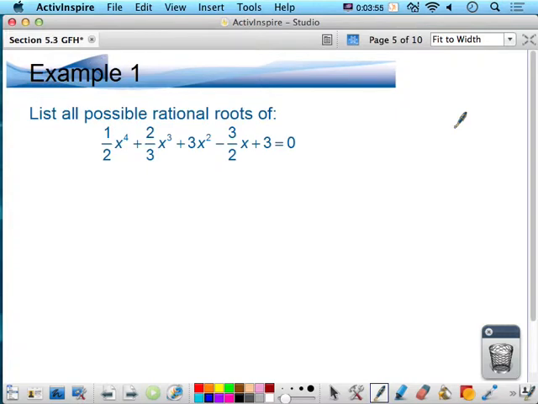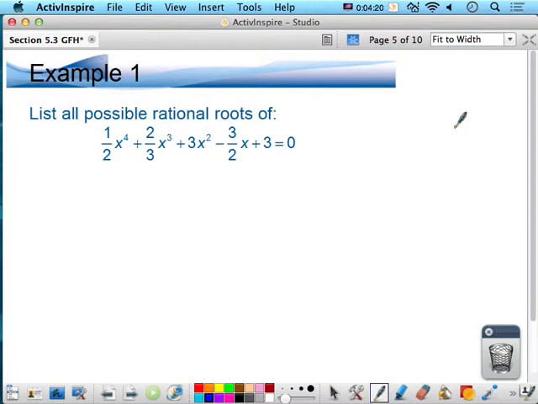So for our first example, we want to list all possible rational roots of the polynomial 1/2 x to the 4th plus 2/3 x to the 3rd plus 3x squared minus 3/2 x plus 3 set equal to 0. The first thing we need to do so that we can apply the rational root theorem is get all of our coefficients to be integers.